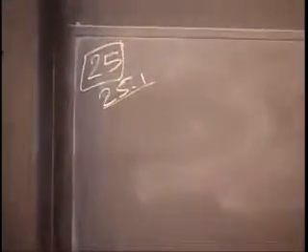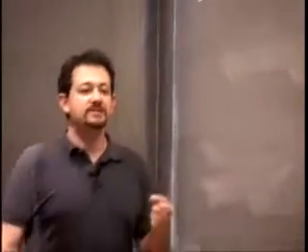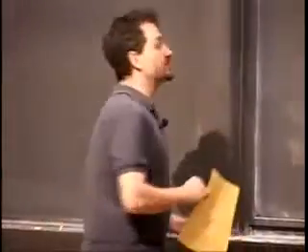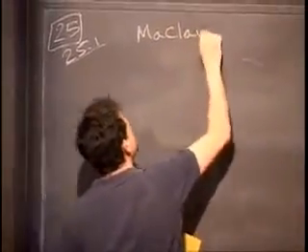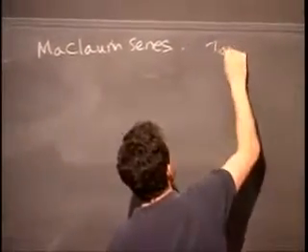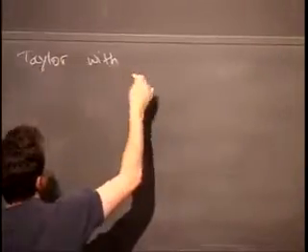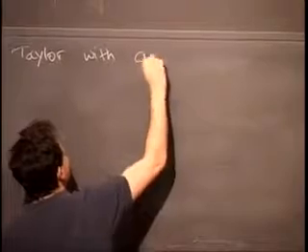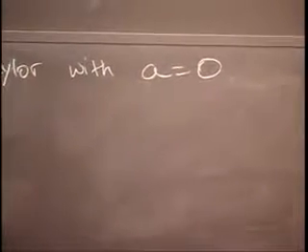Let me just remind you, when a equals 0, as it did in the previous case, it's called a Maclaurin series. So just one little thing, Maclaurin series, it's just Taylor polynomials, Taylor series with a equals 0. By the way, I've said what a Taylor polynomial is. I didn't really say exactly what a Taylor series is.